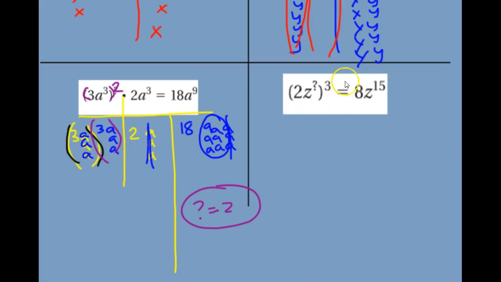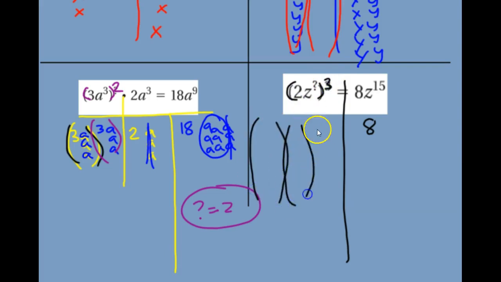So if we look at this next one, I know I need 8, and then z to the power of 15. Well, they're telling me here my groups are going to be 3 groups. So I'm going to have 3 groups of numbers and letters. Each one is going to have a 2 in it, and then each one is also going to have some z's in it.